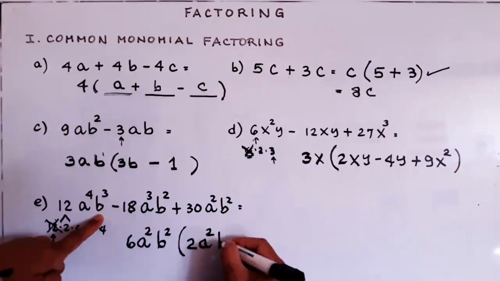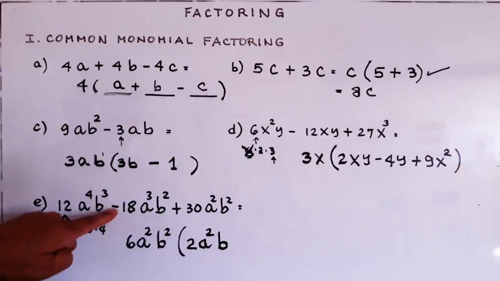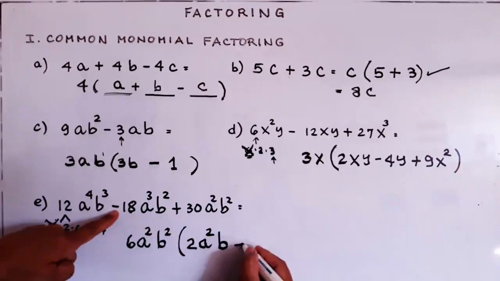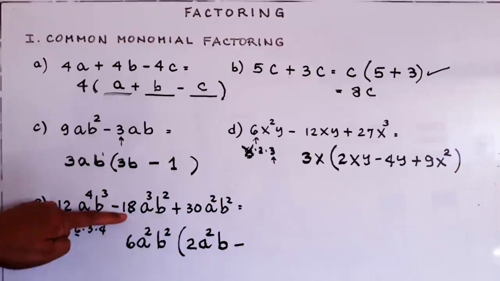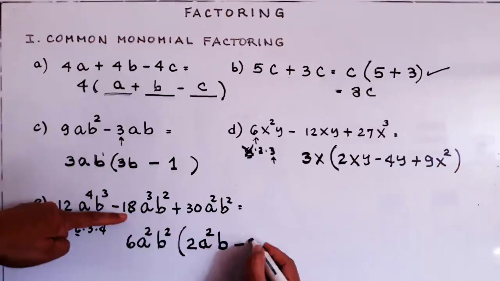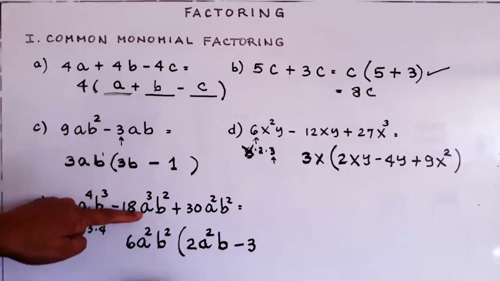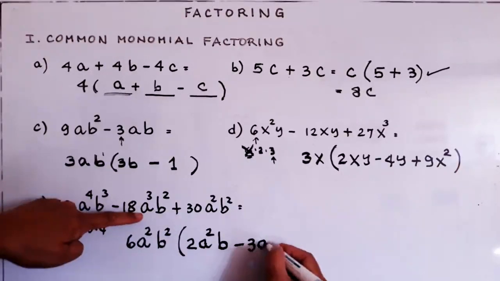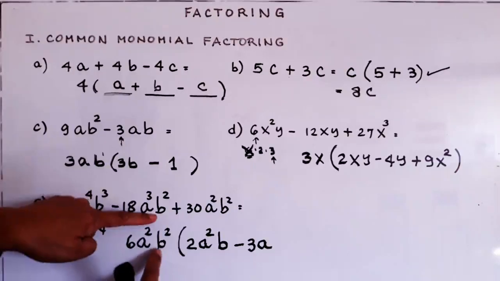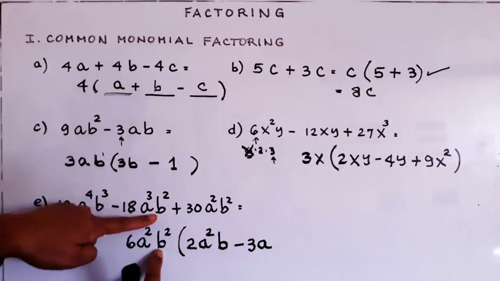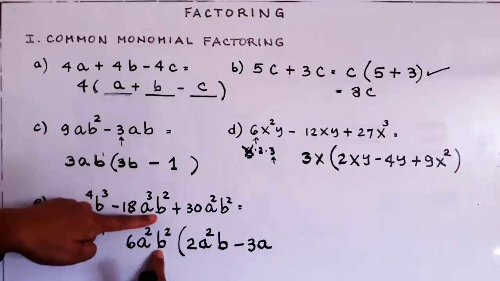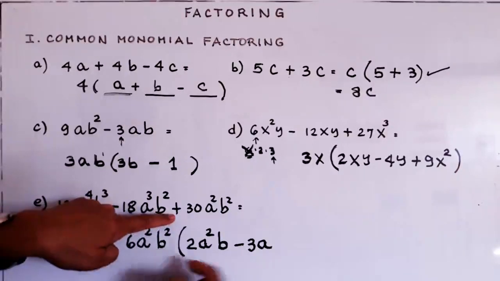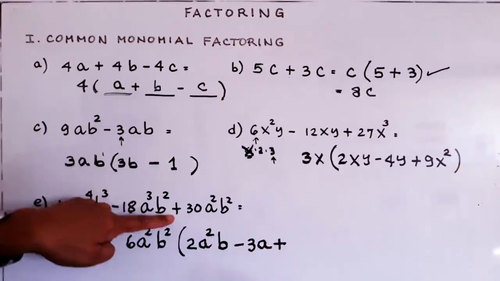And then minus, so we put the minus here. 18 divided by 6 is 3, A cubed divided by A squared, 3 minus 2 is A, and B squared divided by B squared is equal to 1. Usually we say cancel, so we don't write the 1 there. Okay, plus, and then we have the plus.